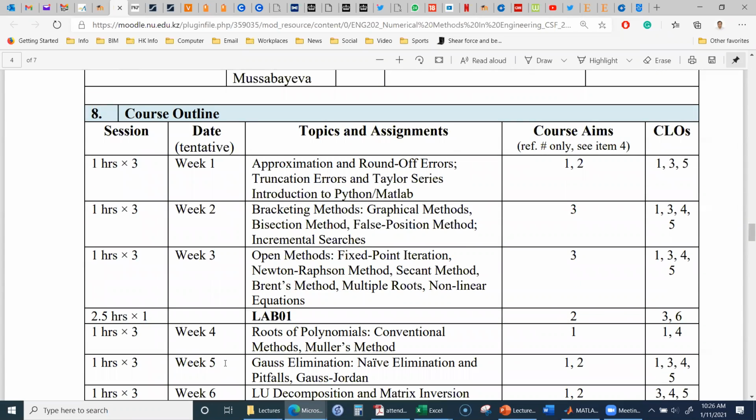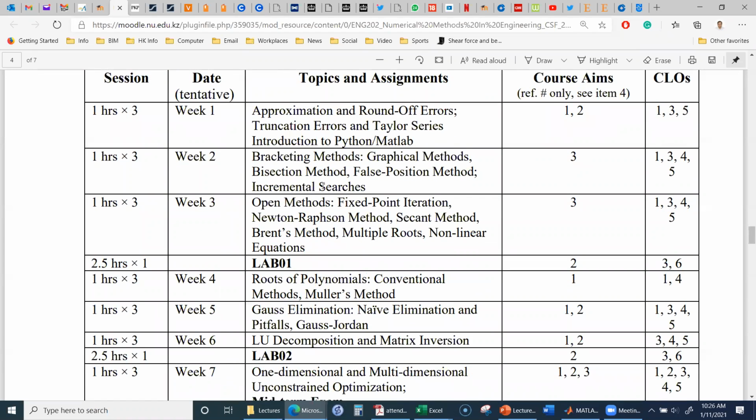So the contents of this course more or less follow the various chapters of the book. So we will be starting from approximation and round off errors, truncation errors and Taylor series. And then over here is an introduction to Python or MATLAB.